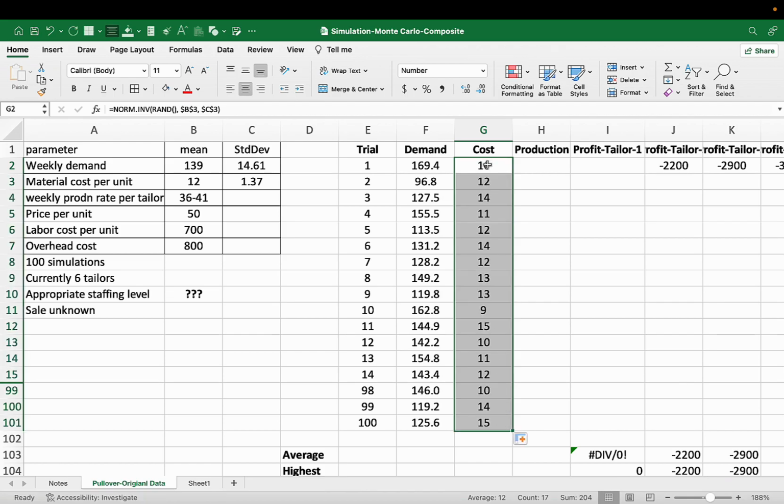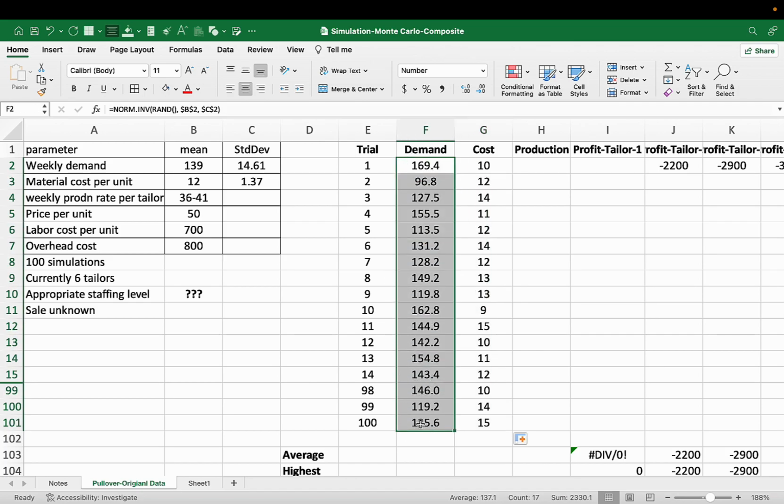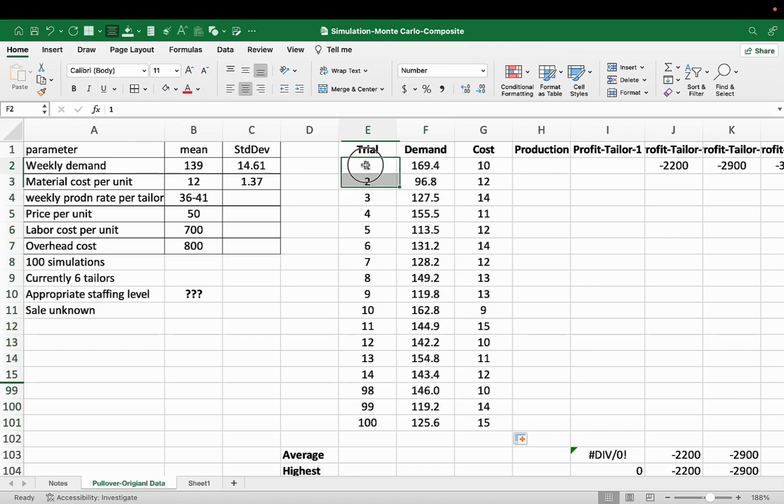Now again, what's happening here? In all these cases, Microsoft Excel is using different values of probability by using the rand function, and therefore it is giving us all these different numbers, and the same thing is happening here. That's why we call it an experiment, because every experiment is different. So this is one experiment, this is another experiment, another experiment.